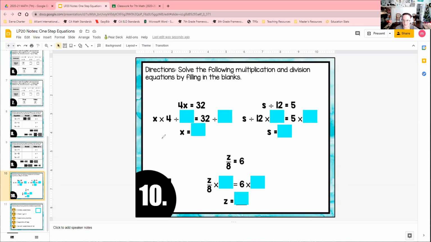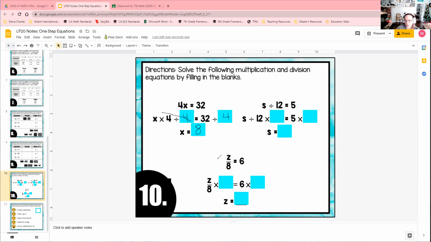What is the opposite of that? And the answer to that question is division. So we want to divide both sides by the number 4 because we want to get that out of there. So if we divide both sides by 4, 4 divided by 4 cancels out. 32 divided by 4 gives us a final answer of 8. So x equals 8.